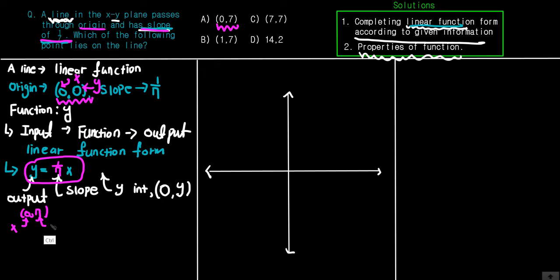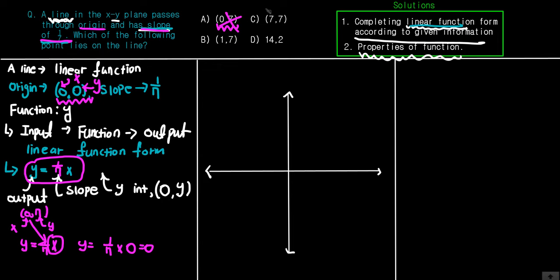So according to our equation, y is equal to 1 over 7x, if we input the value of 0, it should give us 7. So if the value of x is equal to 0, we get y is equal to 1 over 7 times 0, which is just 0. That means we can cancel this out because they told us the y value should be 7.